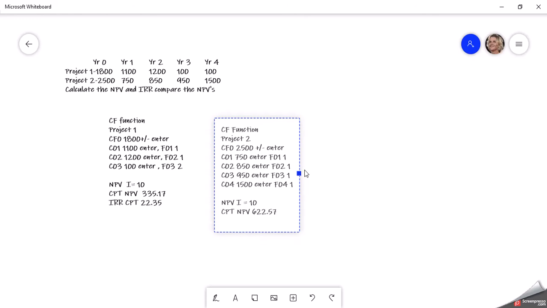And then we'll come over to the internal rate of return and push compute. That gives us 19.78. So what this is saying is, if the CFO wants to go by the best internal rate of return, it's going to be project 1. And it's primarily because project 1 pays back so quickly.